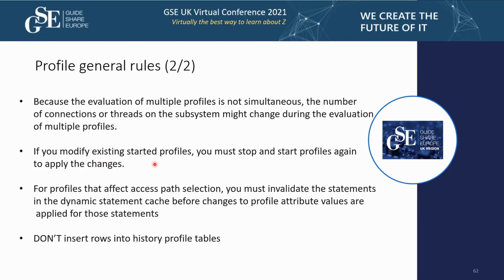If you modify existing started profiles, you must stop and start profiles again to apply the changes. For profiles that affect access path selection, you must invalidate the statements in the dynamic statement cache before changes to profile attribute values are applied for those statements. And then, don't insert rows into the history profile tables manually.